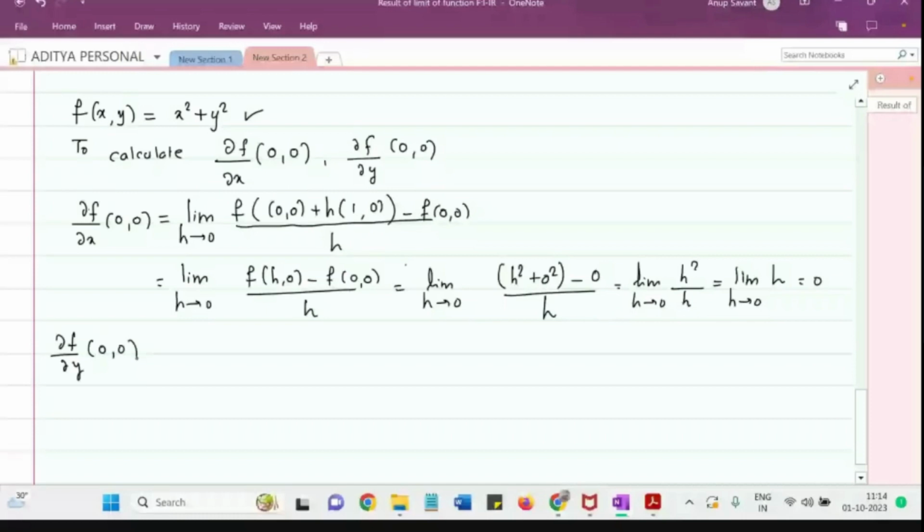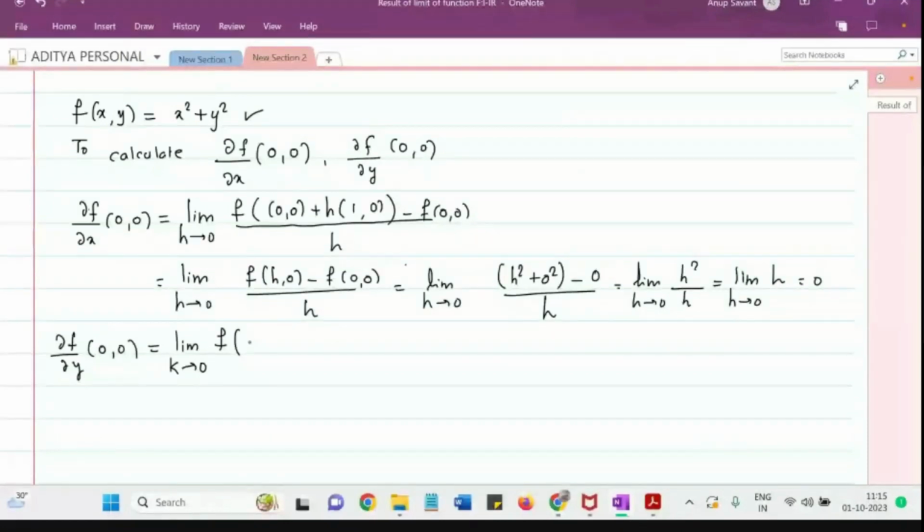Can you tell me what will be the formula for dou f by dou y at 0, 0? It is the limit k approaching 0, f of... One of you has to unmute yourself and answer. The one who's willing to unmute and answer can do that. I will get an idea whether you have followed the definition.